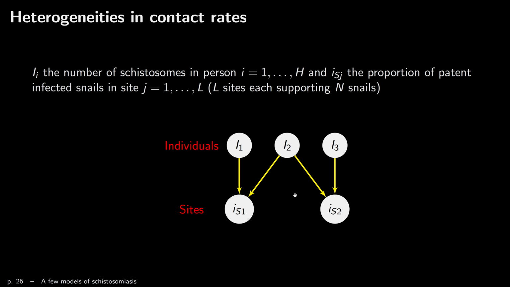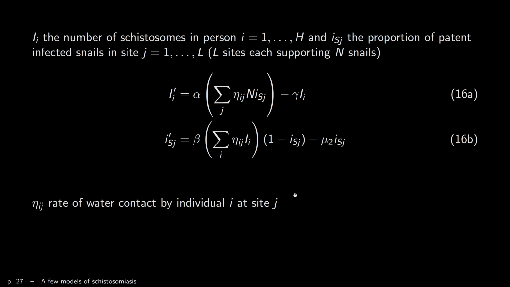Whereas here, what's really nice is that the sites do get infected, so it is possible to have this great heterogeneity and to actually say each individual is going to one site or another. So I will spend some time in the next lecture showing you how to simulate this, for instance.